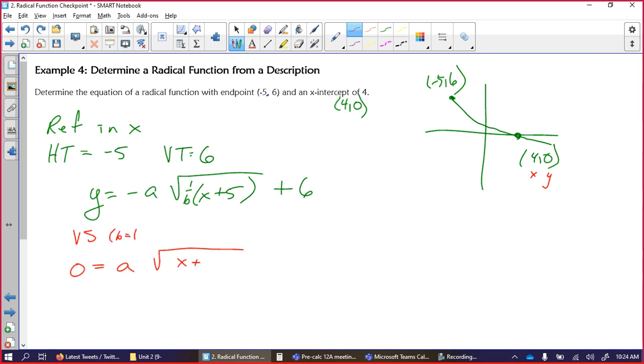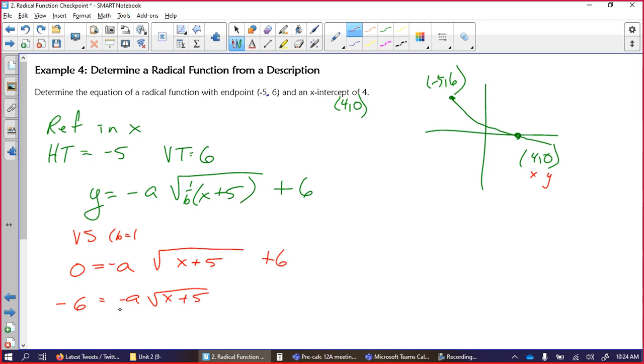So this becomes x plus 5 plus 6 with that negative sign. Move the 6 over, negative 6. This one's going to be kind of fun. So move that over there: negative 6 equals negative a square root of x plus 5. Okay, not a big deal.